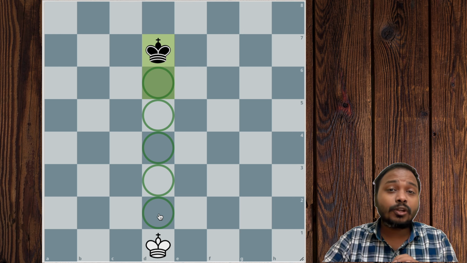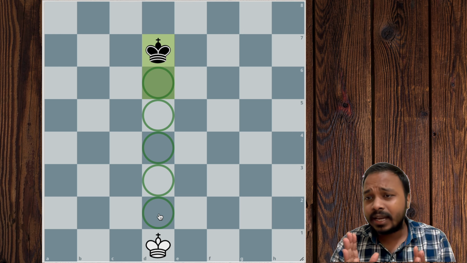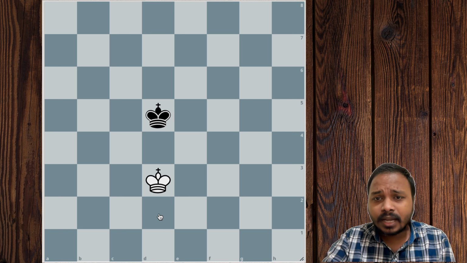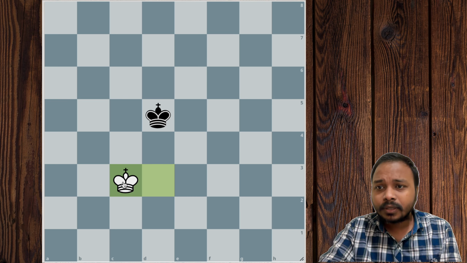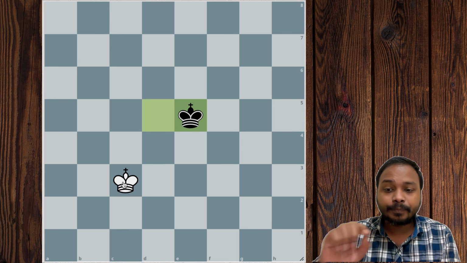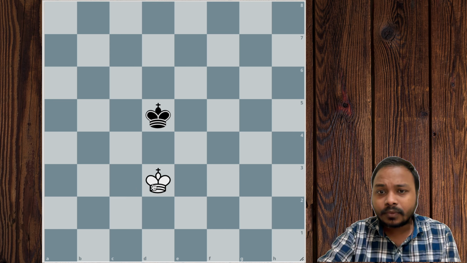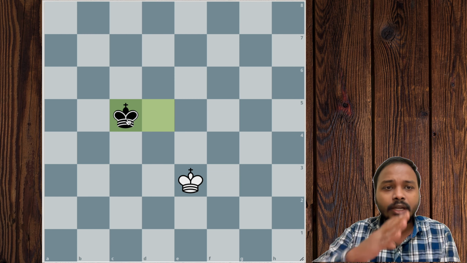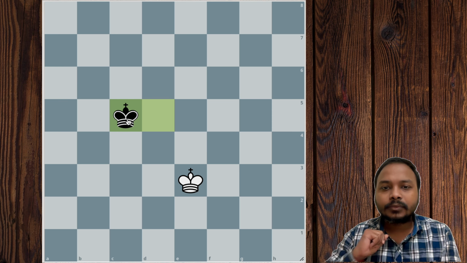And this opposition concept works in every direction, not only the vertical one. For example, if the king moves over here, this is also an opposition, called diagonal opposition. The same thing after the king moves here. If the king moves on this side and the king moves here, this is still a diagonal opposition.